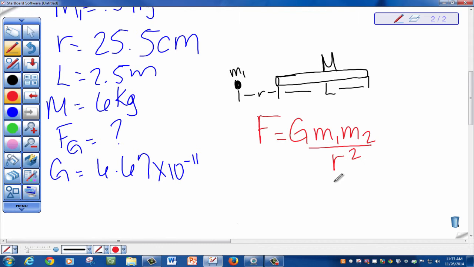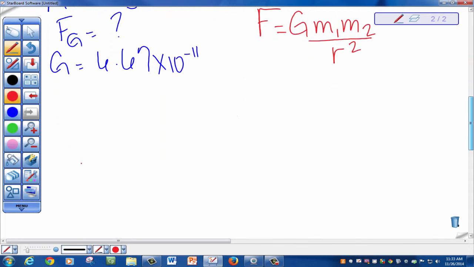But the question's asking us to find the gravitational force on the particle due to this rod. The way we can go about solving this problem, we need to use calculus.